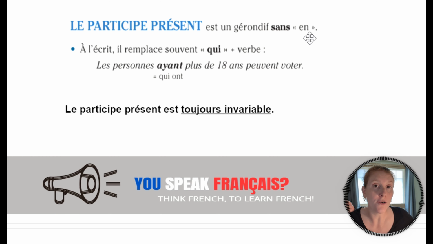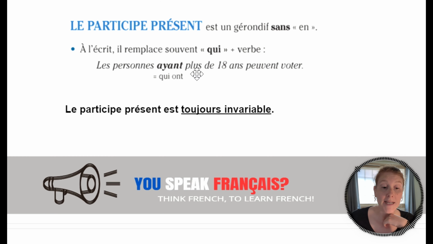The use of the participe présent is mainly writing. And it's usually replacing the relative pronoun qui, that is followed by a verb. So it's usually used in writing mainly, right? Just writing. And therefore it replaces this construction.